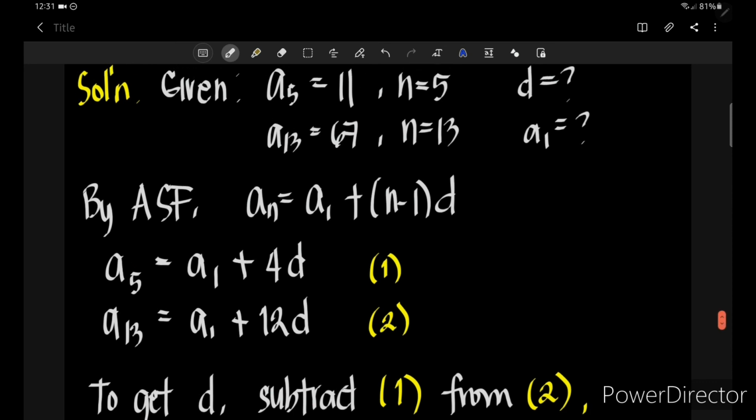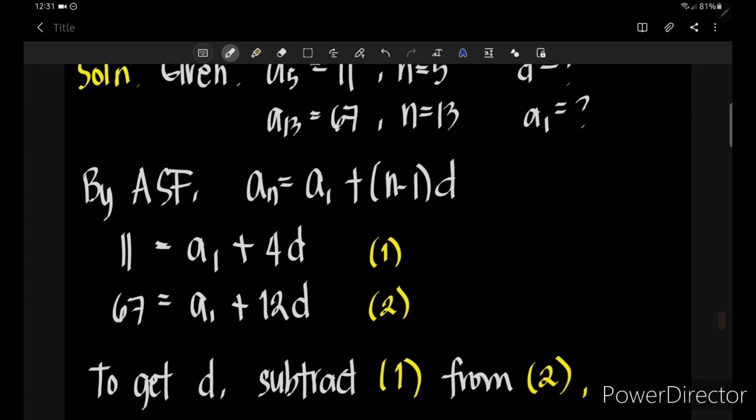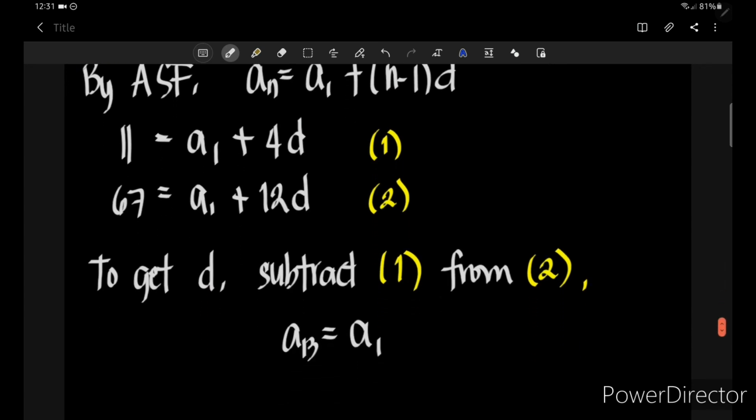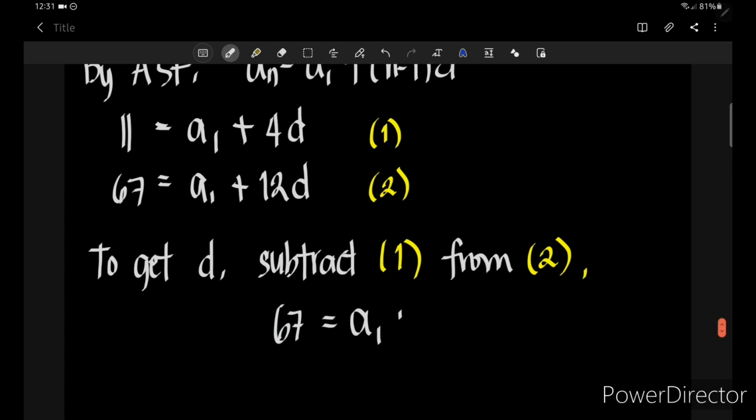So, papalitan lang natin yun. Since given yan, gagawin natin itong 11. Tapos, itong a sub 13, given din po yan, which is 67. So, bali yung a sub 13 natin dito, papalitan natin ng numerical value na 67, plus n minus 1.